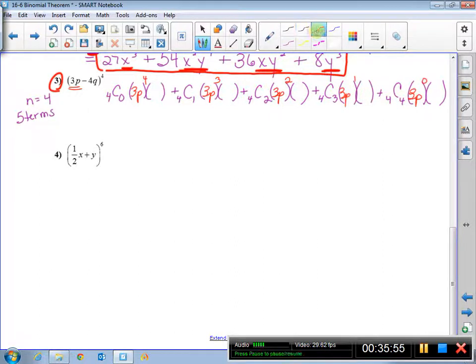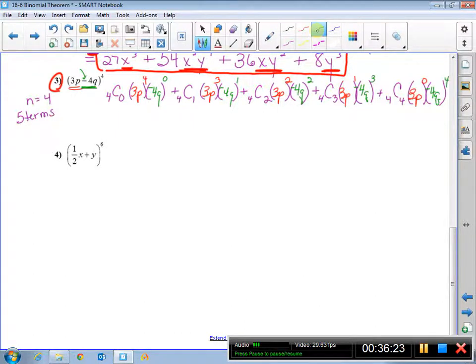And now my second item in my parentheses, this time I have subtraction. So we have to add that negative in front of our 4q. Negative 4q, negative 4q, negative 4q, negative 4q. Exponents here start at 0, 1, 2, 3, 4.